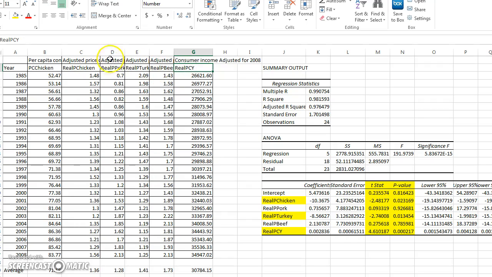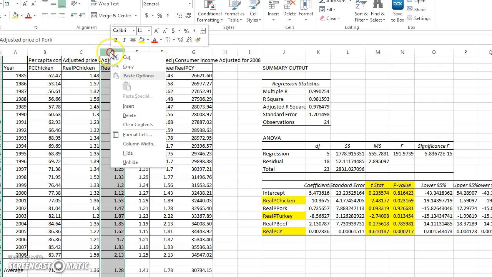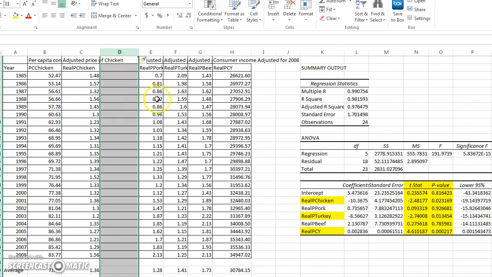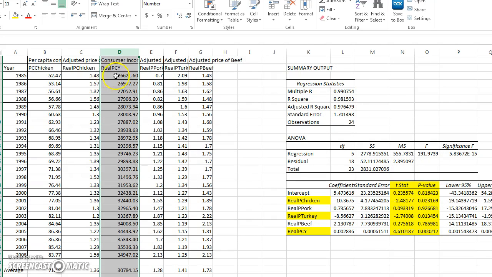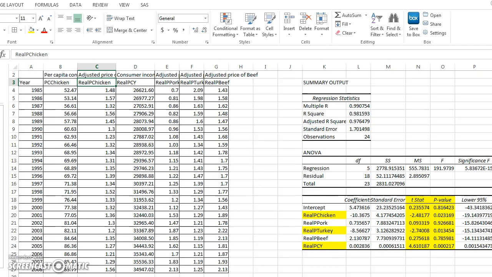So in order to include these variables, I have to copy and paste my real per capita income. I'm just going to move it very close to, the column next to real price of chicken, so I can easily include these two variables together when I'm running the regression.